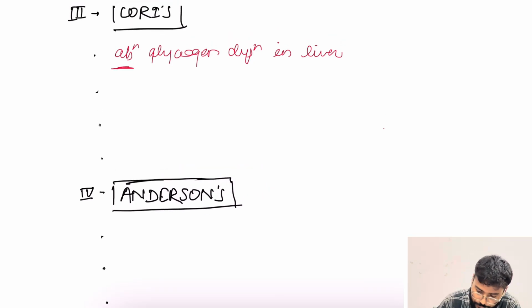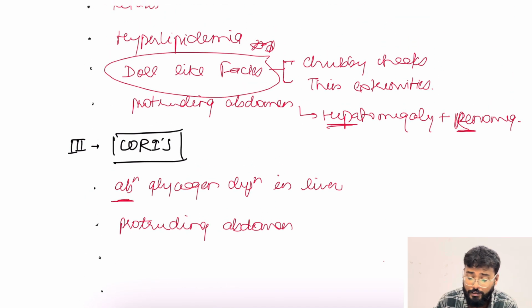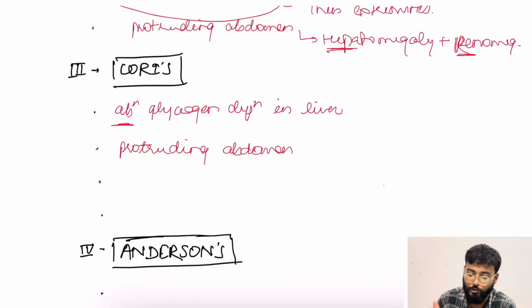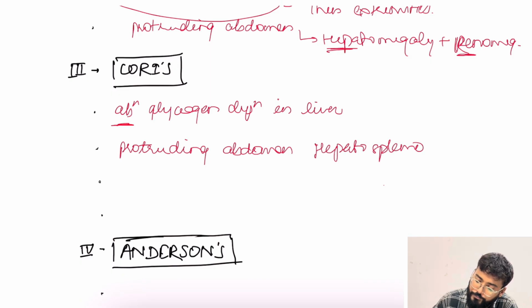You are going to see protruding abdomen. So you are also seeing protruding abdomen in case of von Gierke's. So how is it different from von Gierke's? It is different because you will see hepatosplenomegaly.